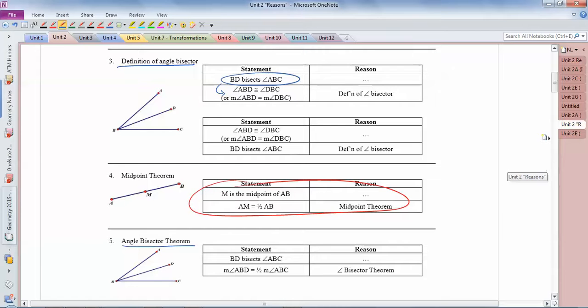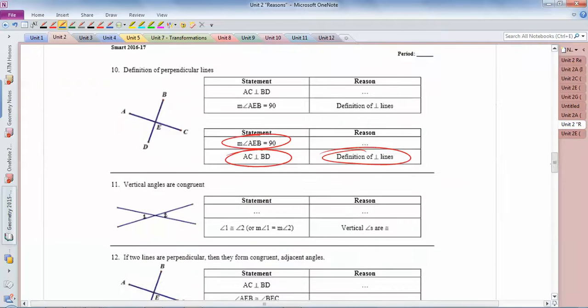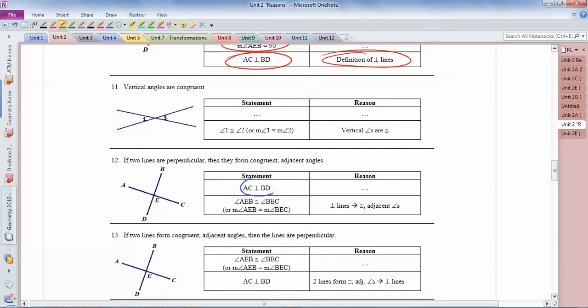Let's come over here, and all the perpendicular ones are on the third page. This one says if perpendicular, then 90 degrees. That doesn't really say the same thing. This one says if perpendicular, then you get congruent angles. And it says if you have perpendicular lines, then you get congruent adjacent angles.